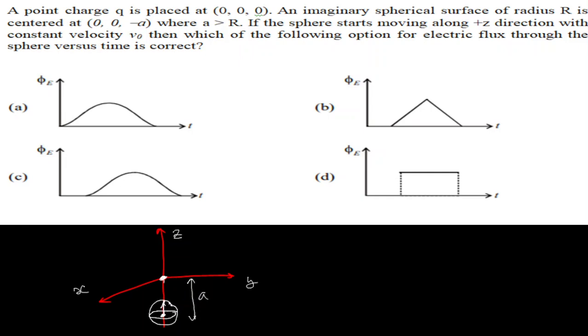Now in the next line, the question says that the sphere starts moving along the positive z direction with a constant velocity v0. Then what will be the variation of flux through this sphere with time?